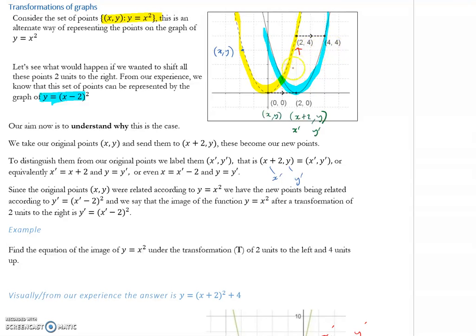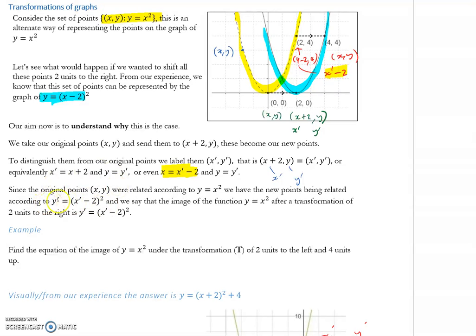And the 4 stays the same. So in this case, that would be 4 minus 2. And so what is that? Well, that is actually x dash minus 2, which is what I've got there. All right, so my (x, y) coordinates can also be written in terms of my image coordinates, and that's what happens when you do the rearrangement.